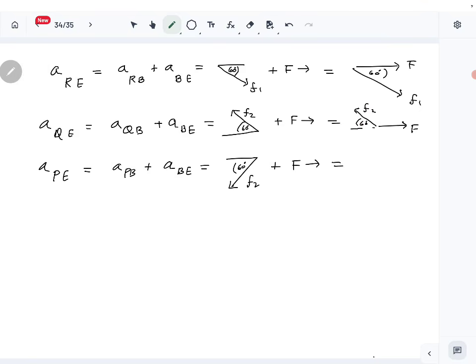I should have used pi over 3 instead of 60. So let me replace this. Radians, pi over 3, this is also pi over 3, pi over 3.